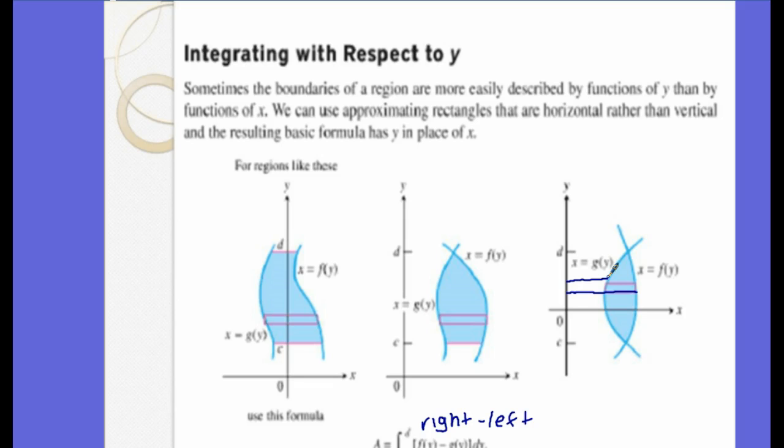What if it goes this way, to the left? It'd still be right minus left, because right would be here and minusing that would be adding in. But it would all be negative because of the x bounds.